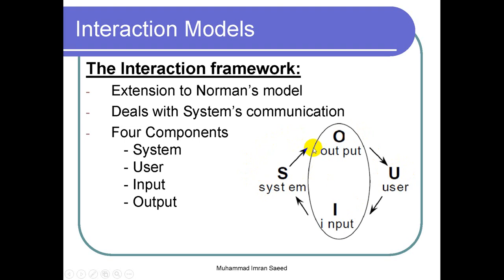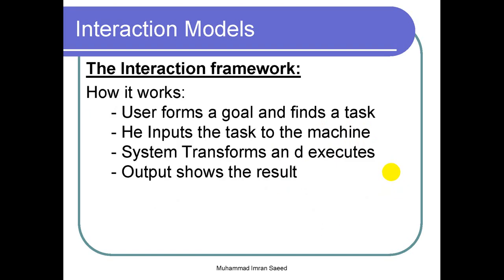So this framework will also discuss the system, how it performs, how it replies, and how its reply, that is the output of the system, is perceived by the user. So we will check all these things in the interaction framework or extended model.